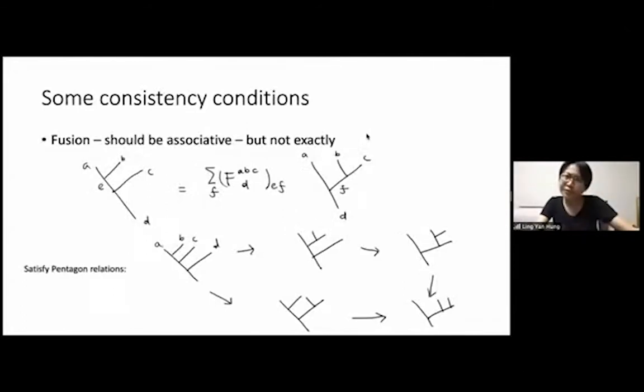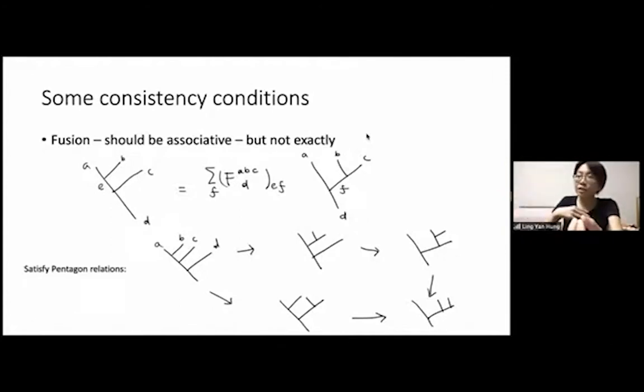So what kind of consistency can you think of? First of all, we're talking about fusion. We know that if I have three anyons that are very close together and I'm very far away, then I should be able to see that these three things can be decomposed into certain charges, certain excitations that are already in my simple set.